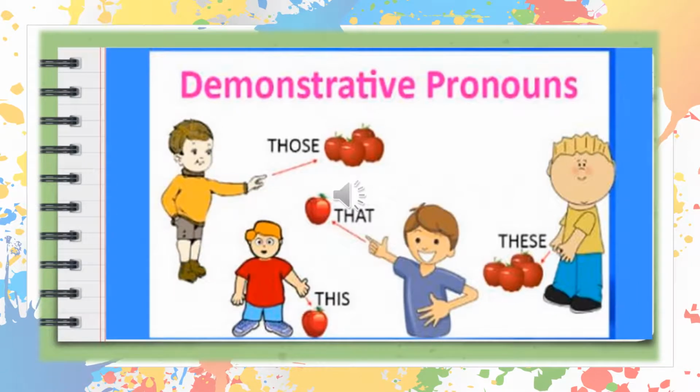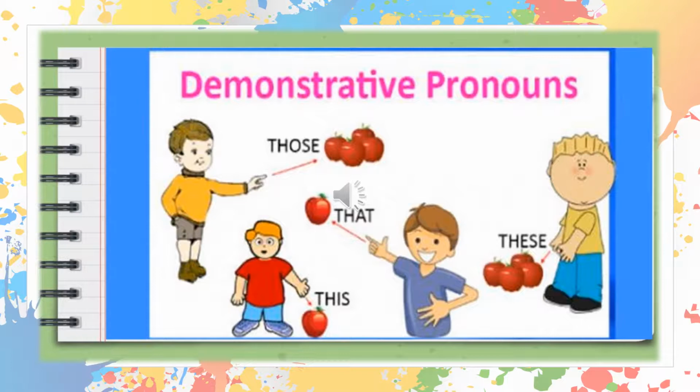This is not in your syllabus yet, but these, those, that, this and these come under demonstrative pronouns. Why do we call it demonstrative? Because we demonstrate something. Demonstrate means showing something.